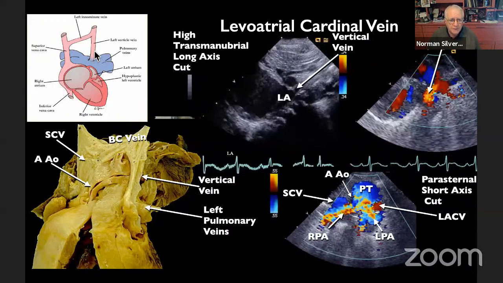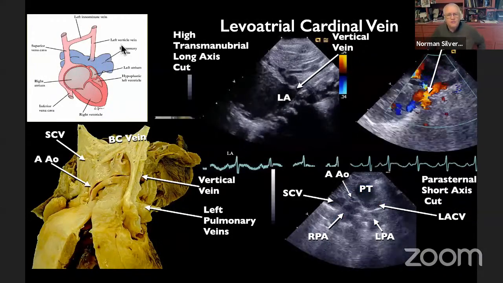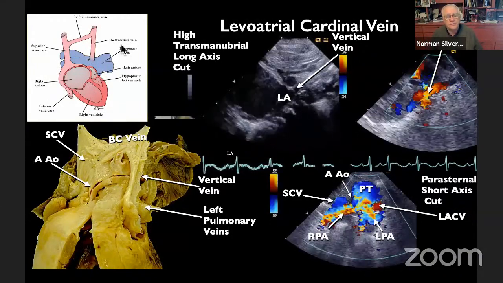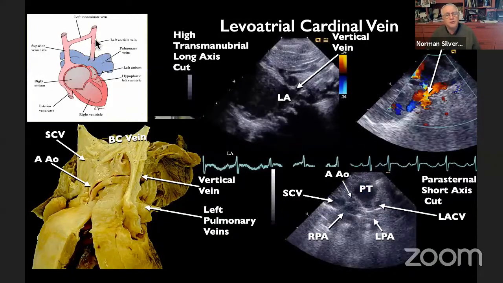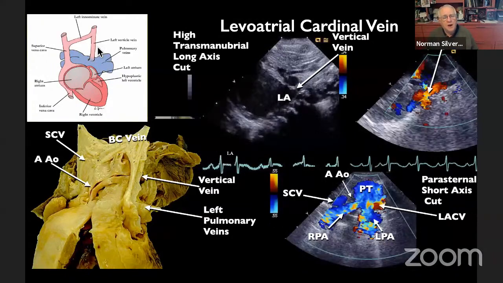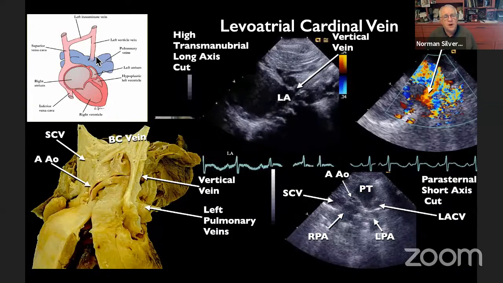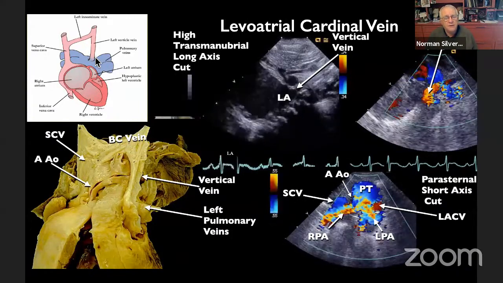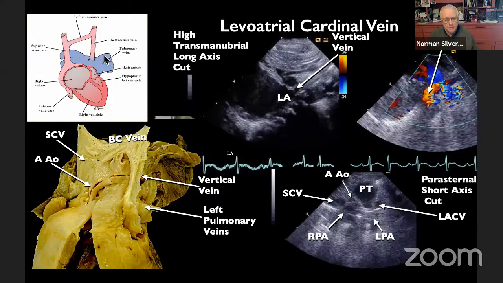This is entirely a misnomer because this is not the cardinal vein. We've recently reported the presence of a left superior vena cava with levoatrial cardinal vein. So its embryology is somewhat not determined, but it's a misnomer to call it a levoatrial cardinal vein. And a left vertical vein is probably better.